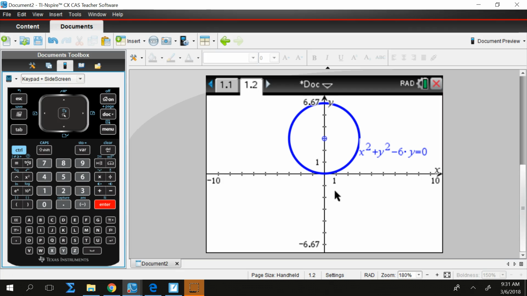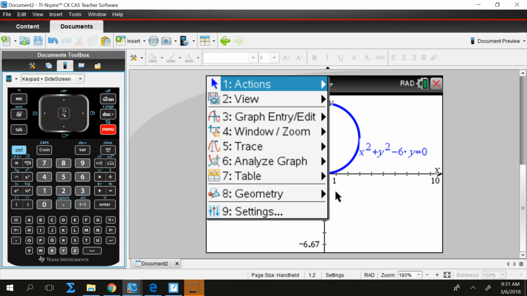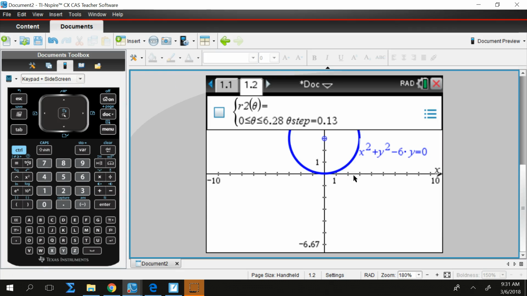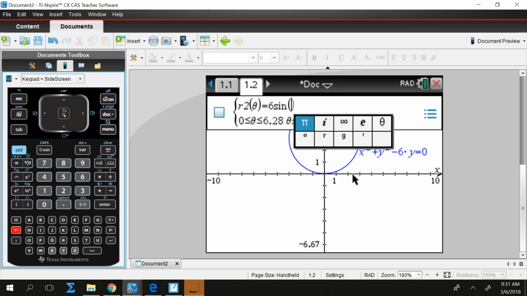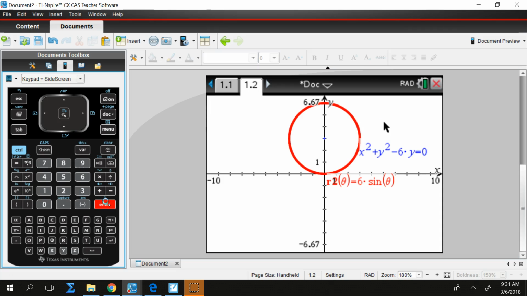Okay. Circle centered at 0, 3 with radius of 3. Then polar-wise, we said that that was 6 times the sine of theta. Gets us the exact same one. Okay.